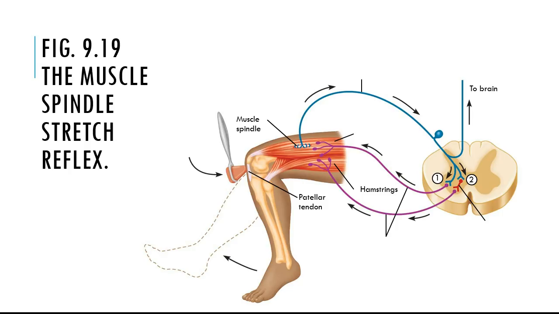This turns me to something that I failed to add to your guided notes, but I think there's room here. Under figure 9.19, I want to turn your attention to this interneuron area. When you carry out some type of physical reaction, like extending a limb, let's just do this.